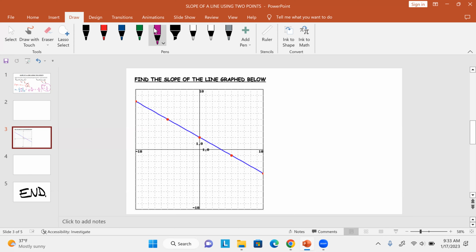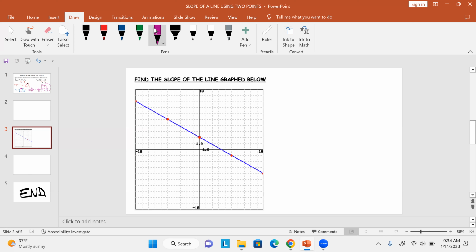Okay, so we have the line and we have 1, 2, 3, 4 points, and it's asking to find the slope. So we need 2 points to find the slope. And from the 4 points, you are free to choose any 2 points to find the slope.